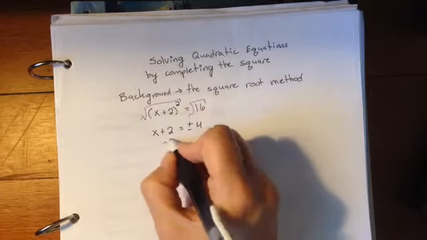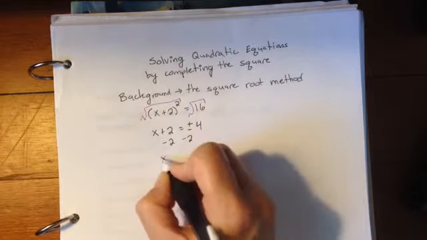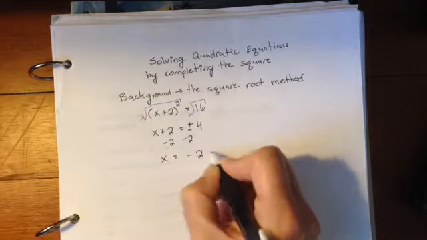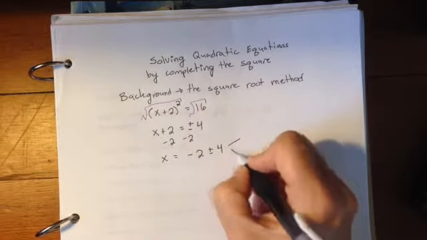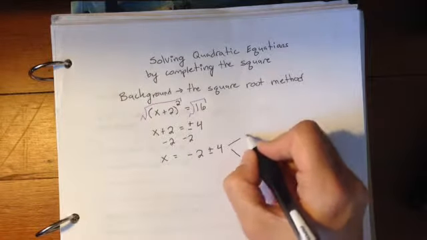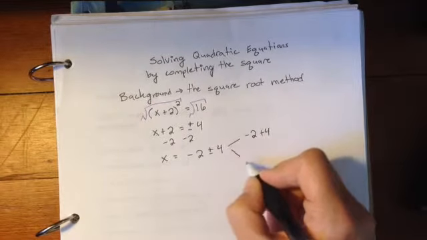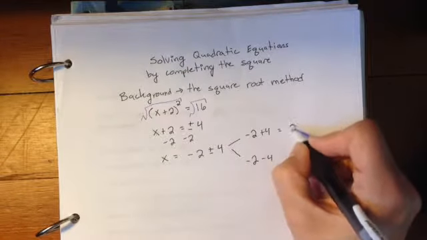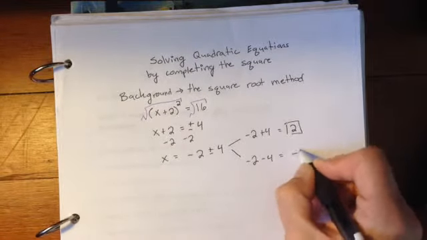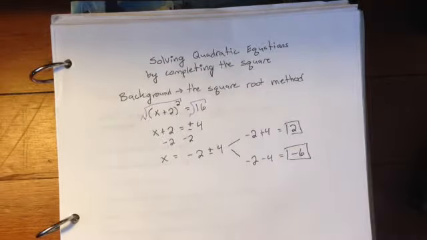And then we can subtract 2 from both sides. So x is -2 plus or minus 4, which breaks out into two possible answers, -2 + 4 or -2 - 4. So x is either 2 or -6, and those are the two solutions to that quadratic equation.